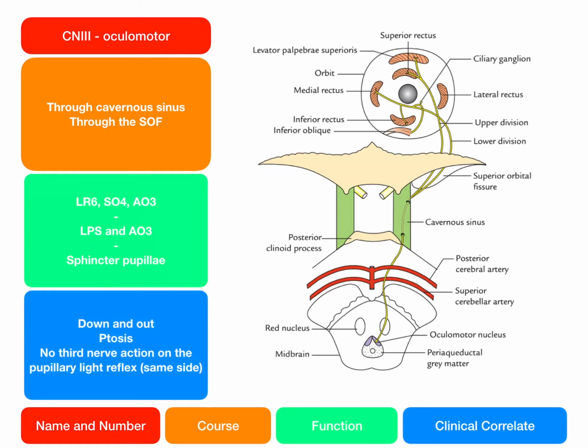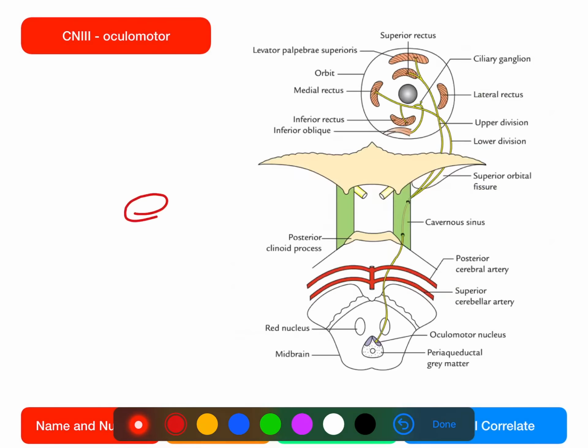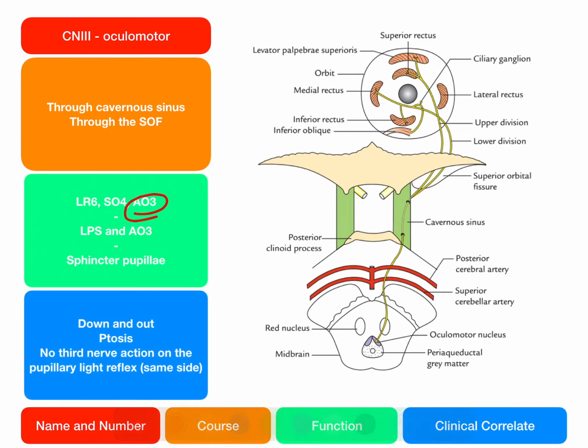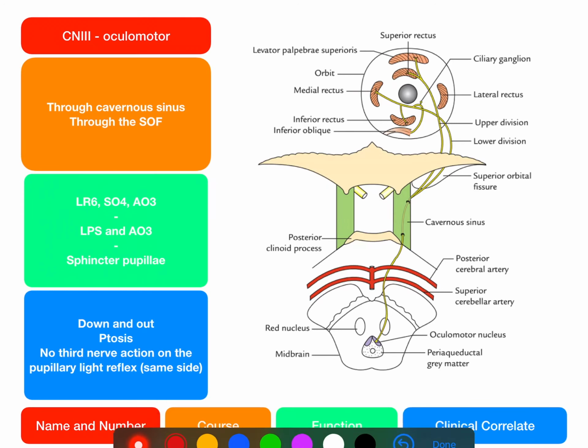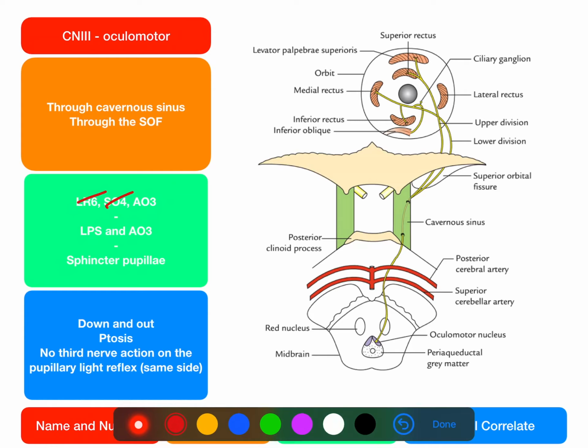The patient will have down and out syndrome. When all of the other extraocular muscles, apart from lateral rectus and superior oblique, are turned off, what's left is the eye goes down, it depresses, and then it turns out.